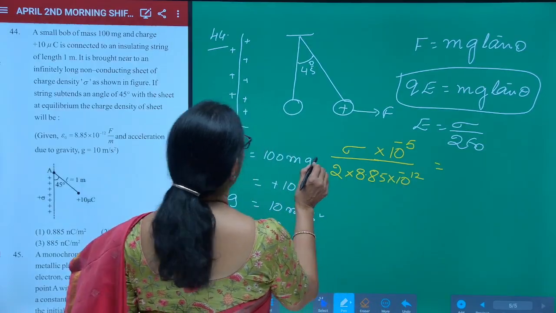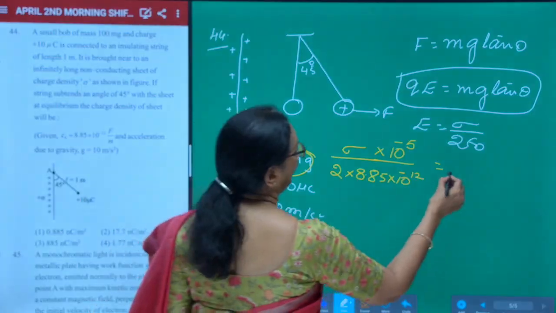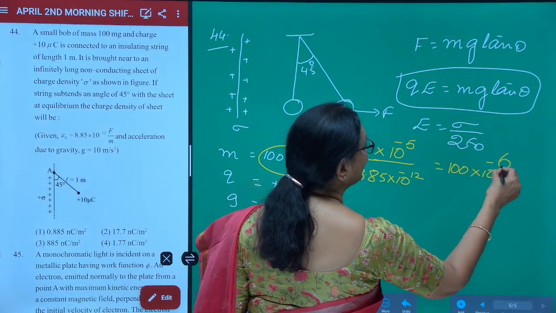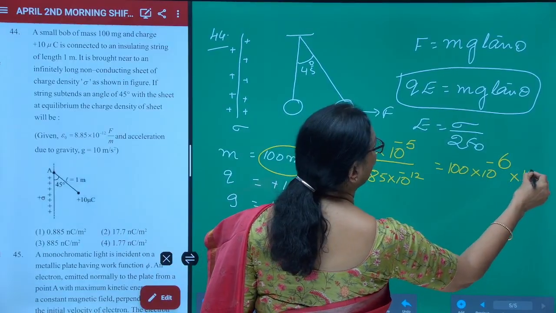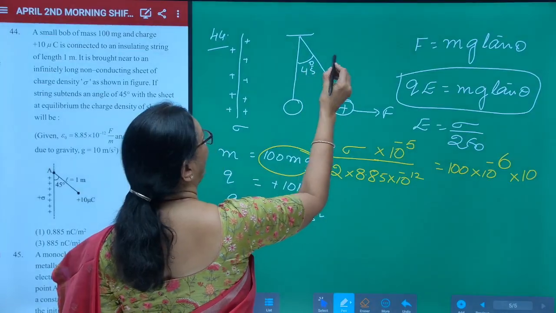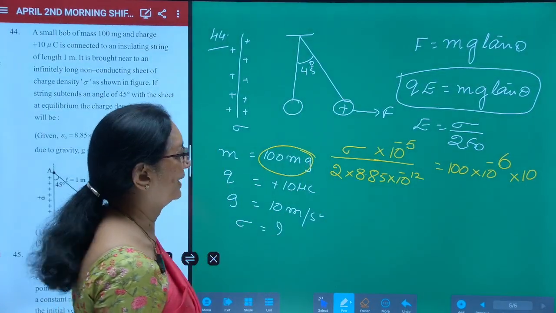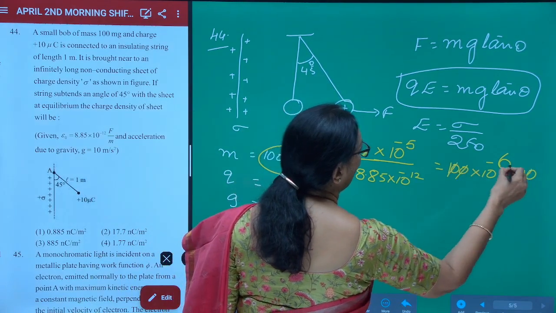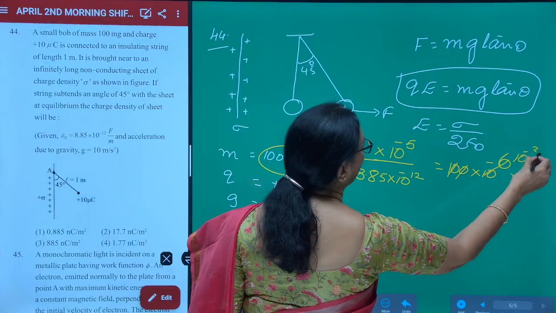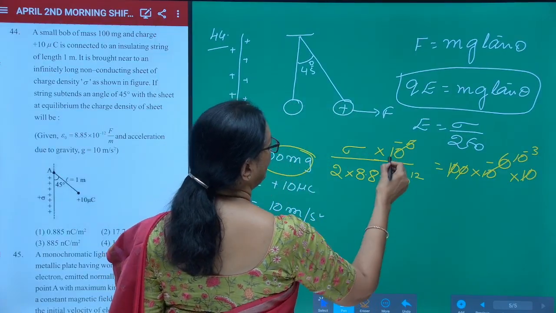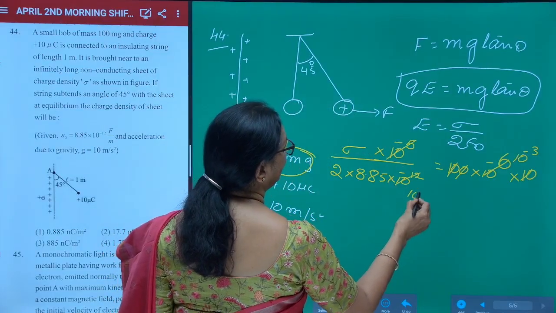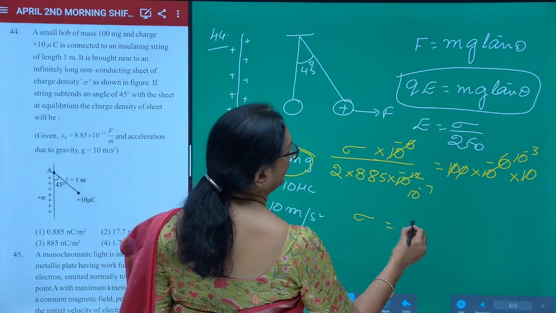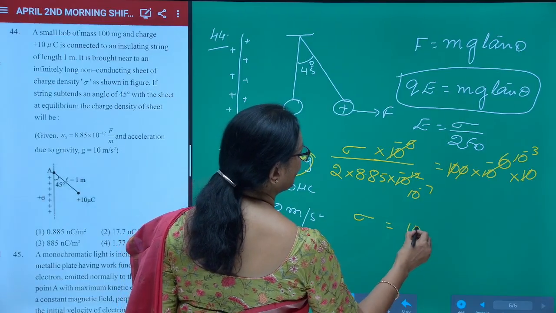M is 100 milligrams. 1 milligram is 10 power minus 6 kg, and g is given as 10. Tan 45 is equal to 1. So 1, 2, 3, this becomes 10 to the power of minus 3. So this gets cancelled, 10 to the power of minus 7 times. Sigma is equal to 10 to the power of minus 3.